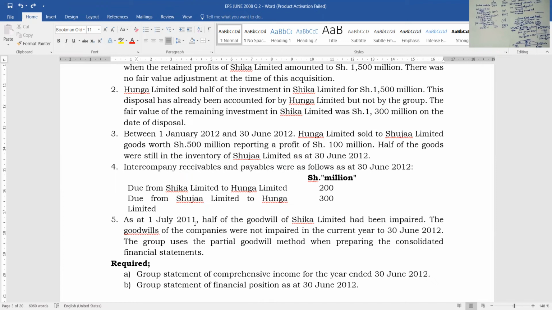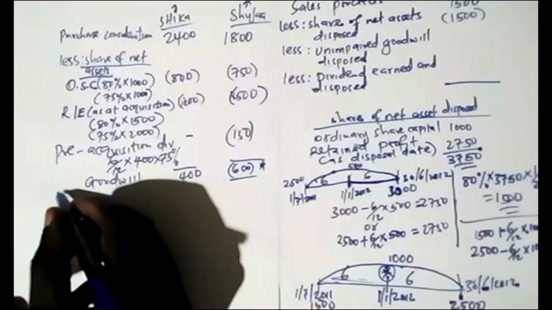We can't say that that is the impairment for the year, but that is the impairment from the time of acquisition, because the goodwill we have computed for Shika is from the time Shika was acquired. So by the start of the current year, which is 1st July, the goodwill of 400 has been impaired by half. So that one we call accumulated impairment.